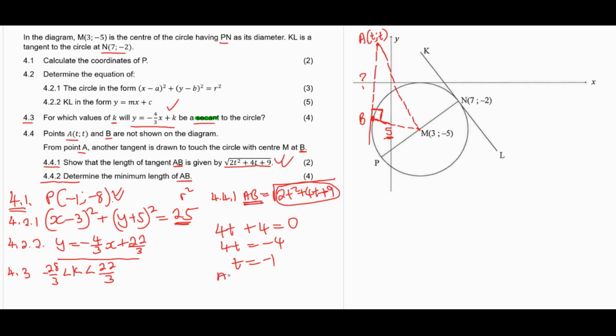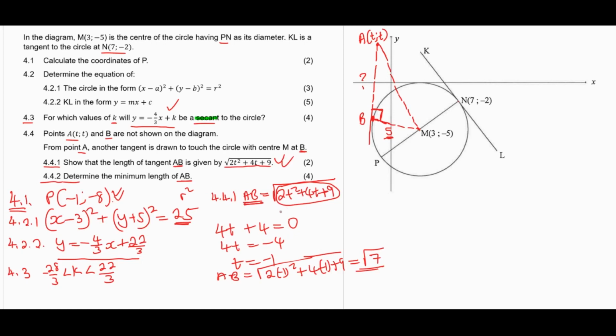So AB is equal to the square root of 2 times negative 1 squared plus 4 times negative 1 plus 9. This is going to be 2 minus 4, that is negative 2. Negative 2 plus 9, that is 7. So the minimum length of AB is going to be square root of 7.